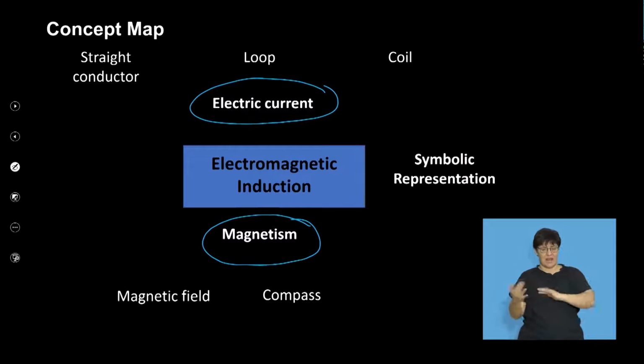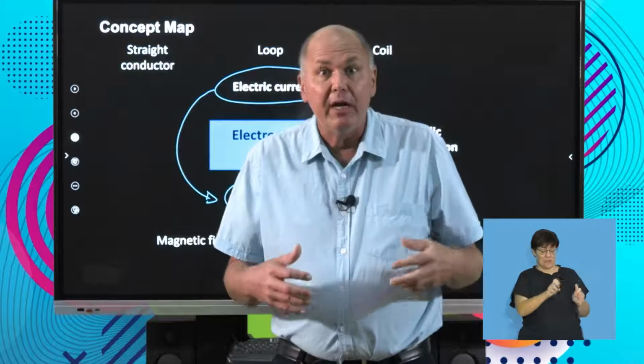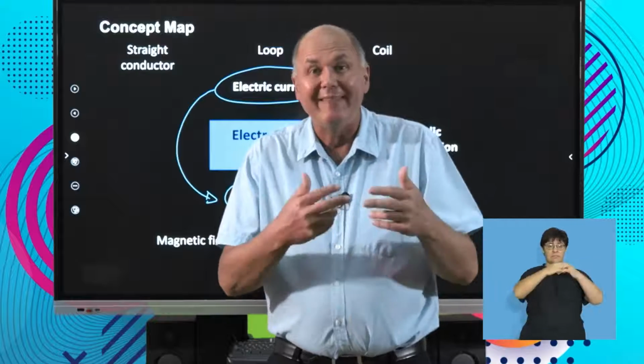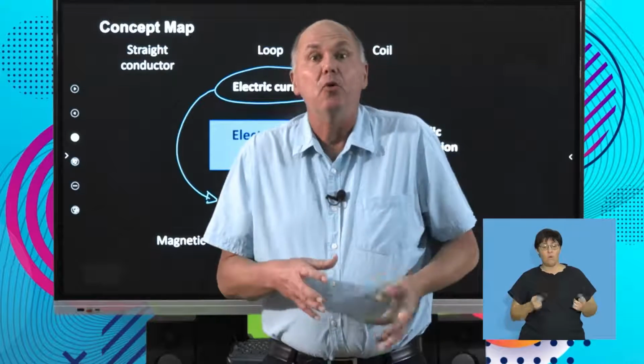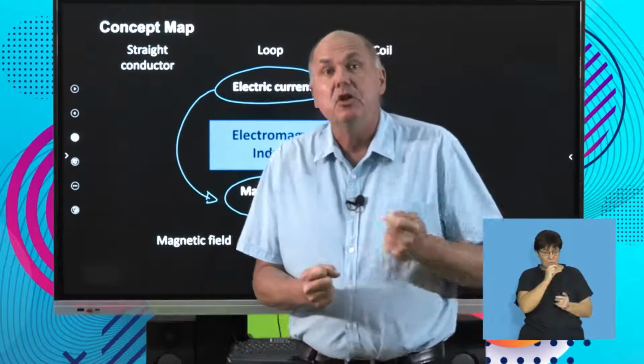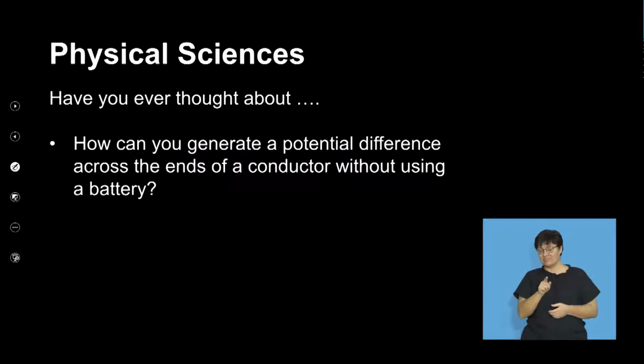Now remember, previously we have linked these two together by saying where there is an electric current, we can produce a magnetic field. Now, we're going to be looking at the opposite process, or the converse process. Can we use magnets to create electricity? And that's the first question that I want you to think about.